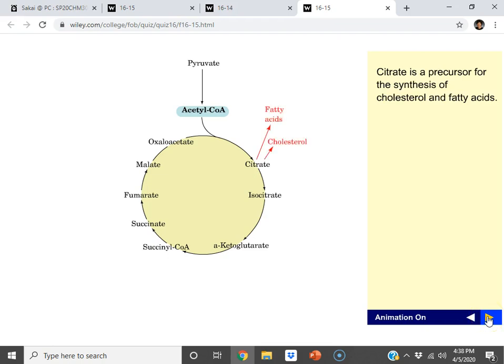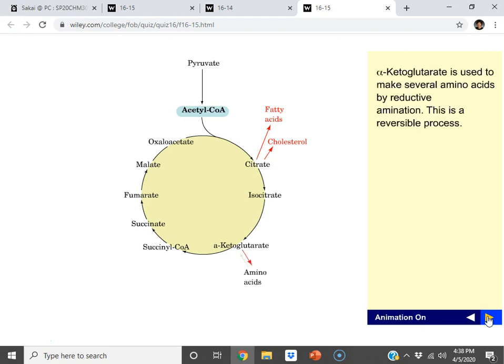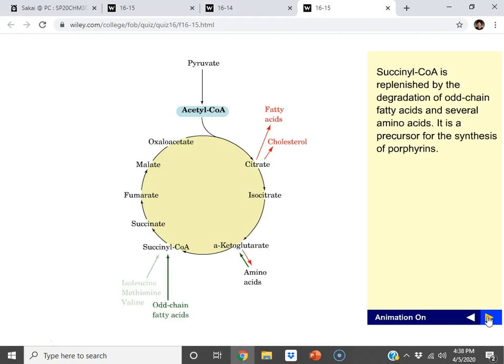And here, this is what I showed you in the last slide about how we can siphon off citrate to make fatty acids or cholesterol, or alpha-ketoglutarate to make amino acids, or succinyl-CoA to make porphyrins. So in red, those are the reactions that are siphoning intermediates out, and the green arrows mean we're putting things back. So we can take amino acids, convert them to alpha-ketoglutarate.